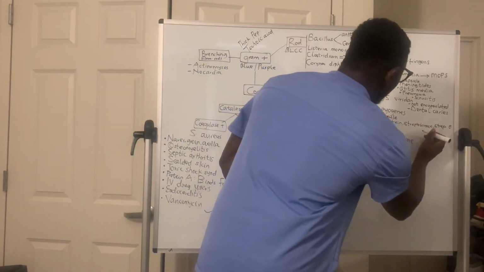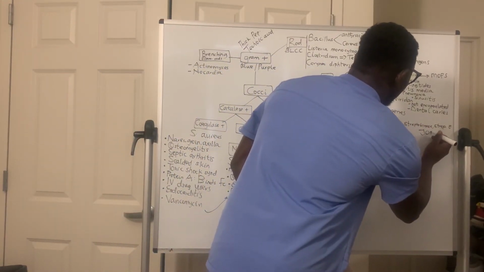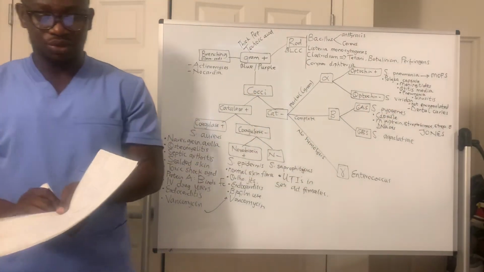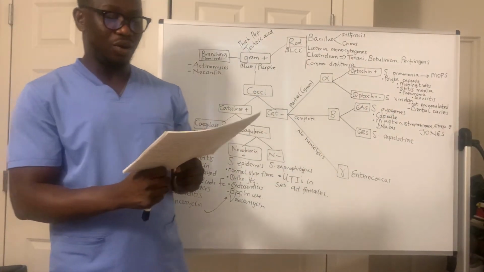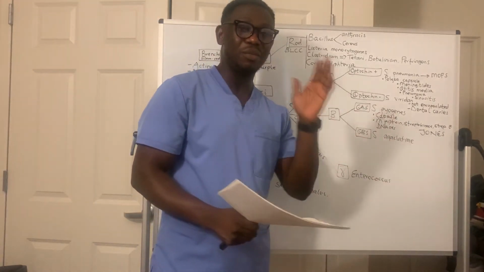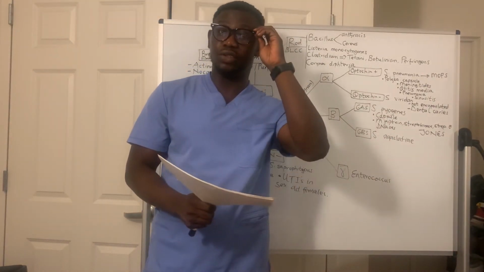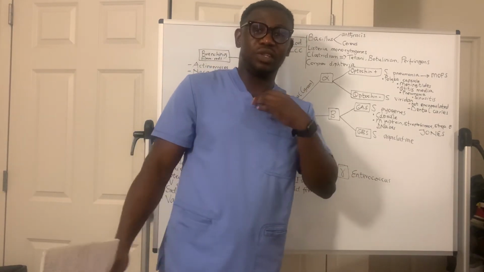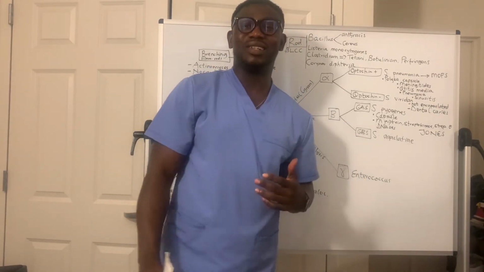How do they cause disease? We call it the Jones syndrome. When you think about group A strep, think about Jones. Think about any Jones you know, like Indiana Jones.